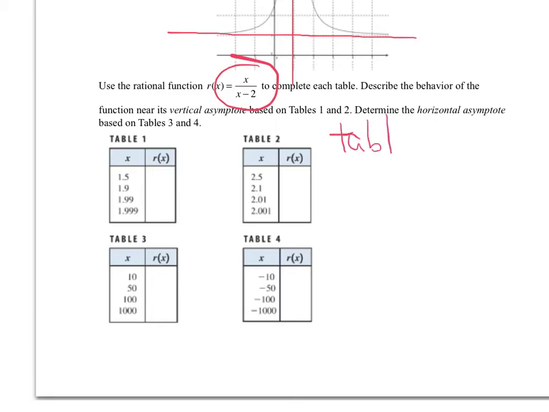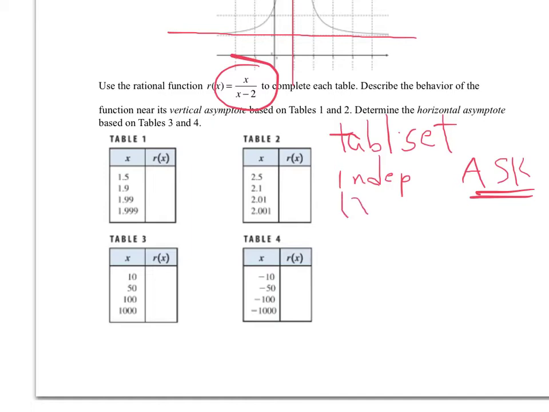It's actually TBL SET on your calculator. It's the second function of the window key. So on table set, you want to have independent variable set at ask so that you can ask the calculator to put in a particular value of x.